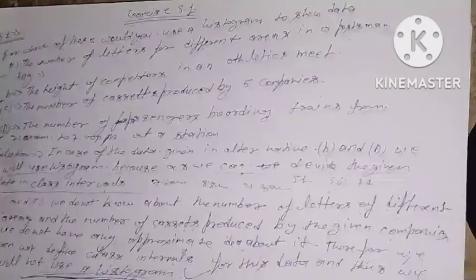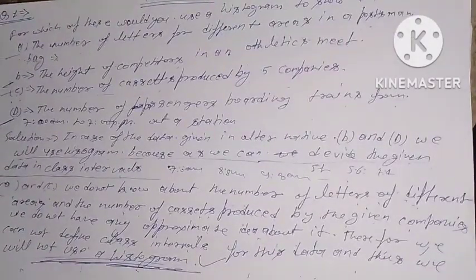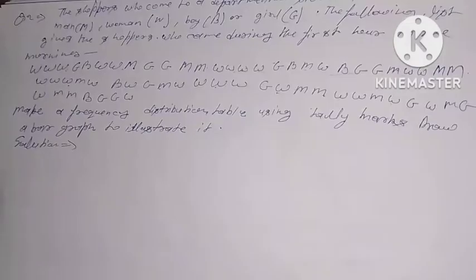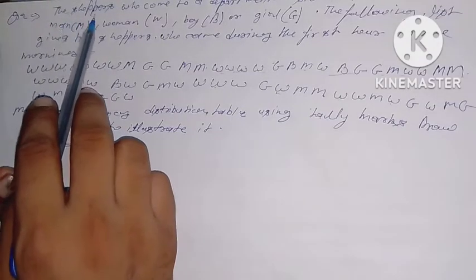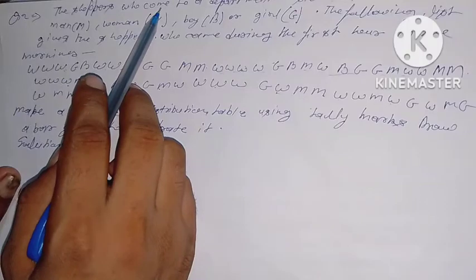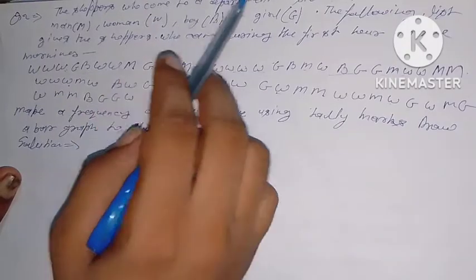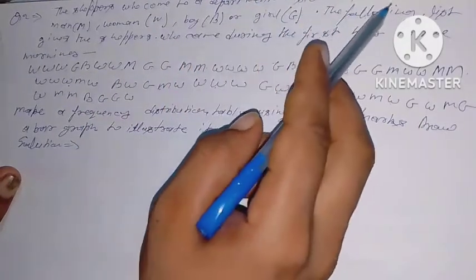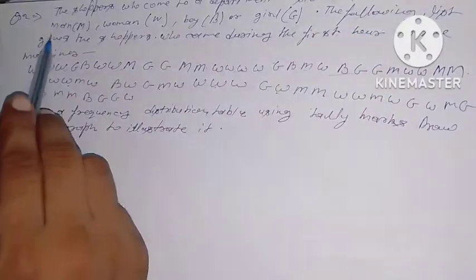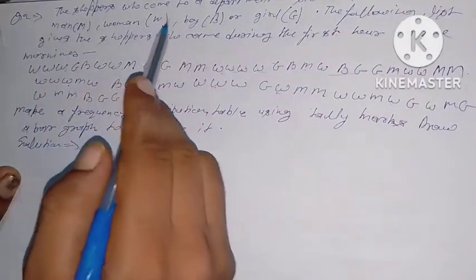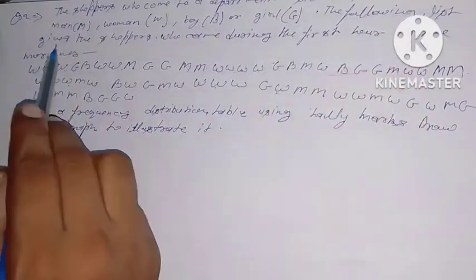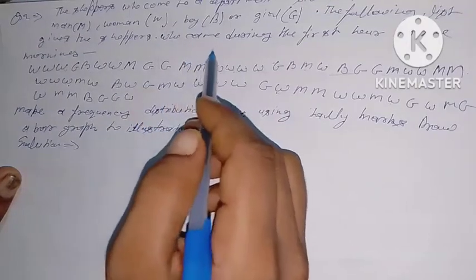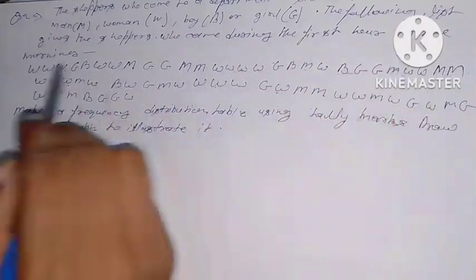Next question, question number 2. The shoppers who come to a departmental store are marked as man M, woman W, boys B, or girls G. The following list gives the shoppers who came during the first hour in the morning.